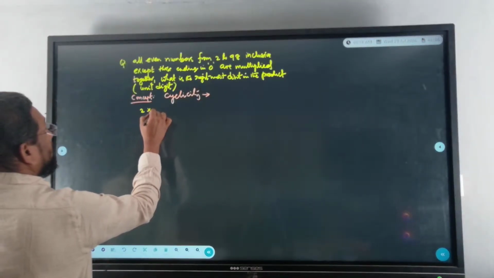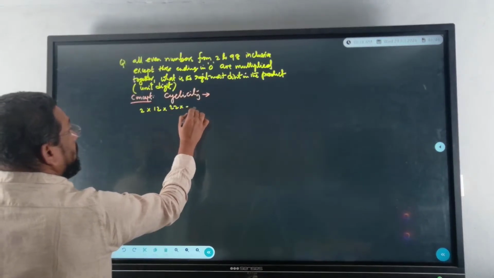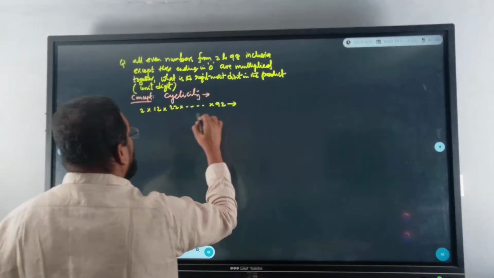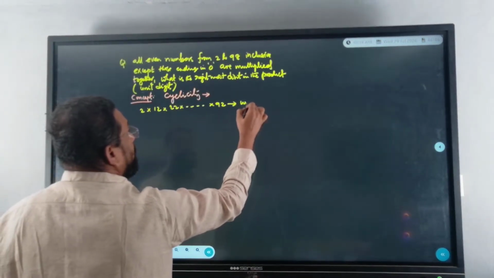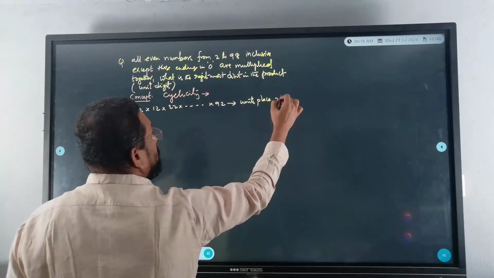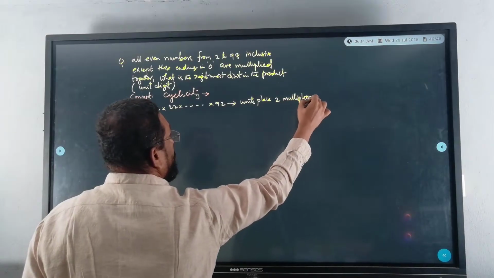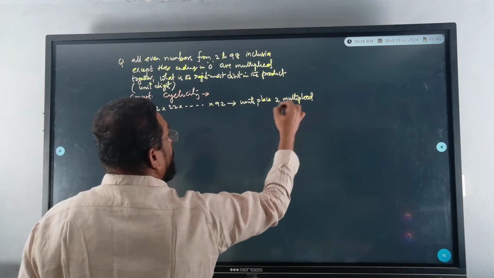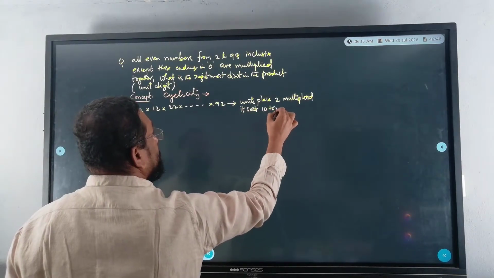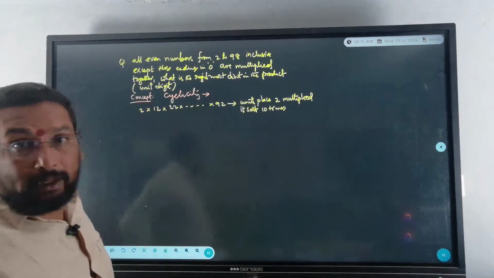See, 2 into 12 into 22 into and so on into 92. Here the units place 2 is multiplied by itself 10 times, because the digits run from 0 to 9, that is 10 times.